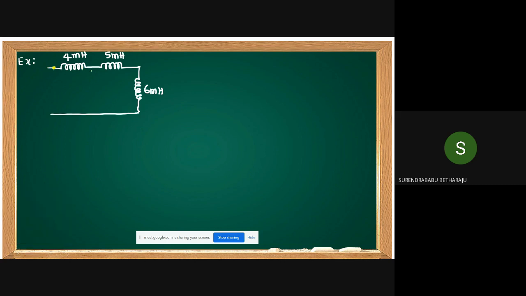Here also a dot, and this is the dot. Between these two, this is 2 millihenry. Between these two, this is 3 millihenry. Then what is the equivalent inductance?